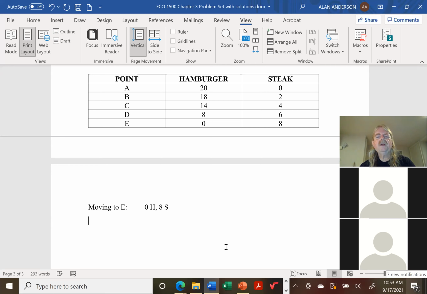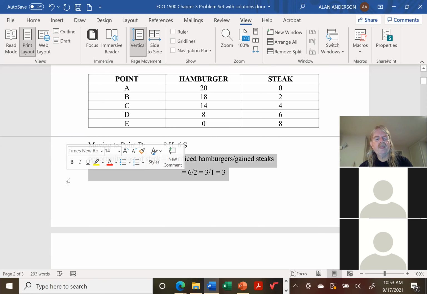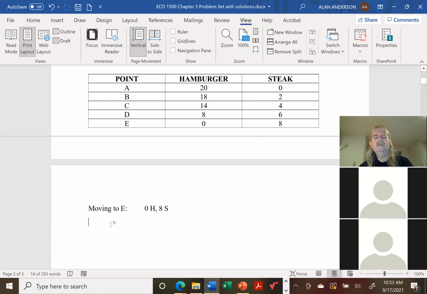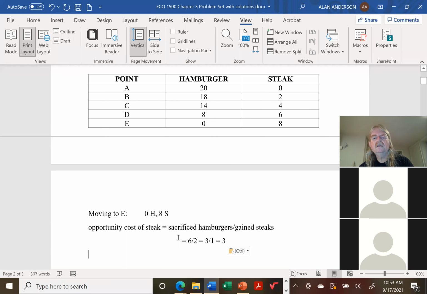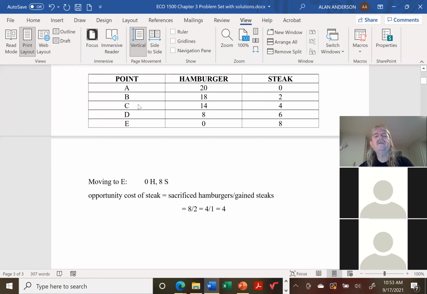So compared to what we had before, we've gone from 8 hamburgers to none, which is, we lost 8 burgers to pick up 2 more steaks because we went from 6 to 8. So that ratio suddenly climbs to 4 to 1. So it's getting very expensive to make these steaks, isn't it? We're giving up an awful lot of burgers that we could have sold to the customers.